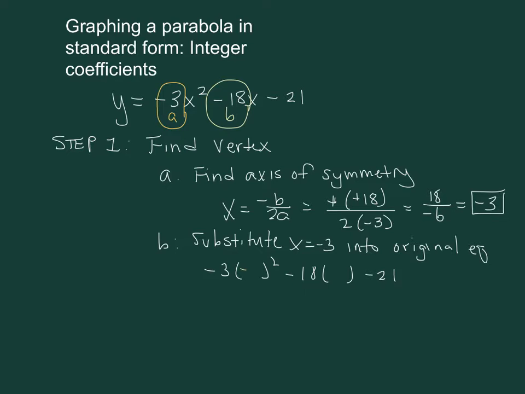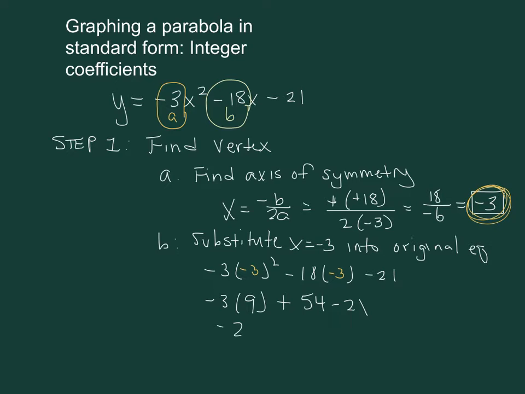And so negative 3 fills in for x because that's what x is equal to up here. So we're going to get negative 3 times negative 3 squared, which is 9. Negative times negative is positive, and 18 times 3 is 54. So it's 54 minus 21.